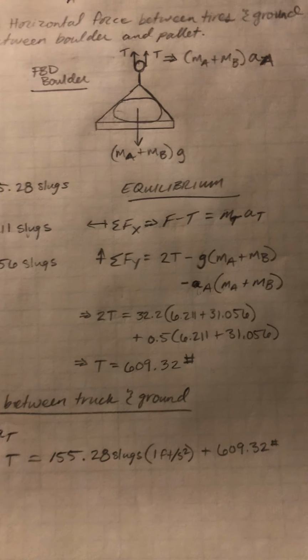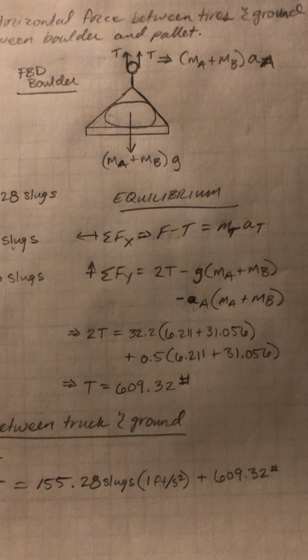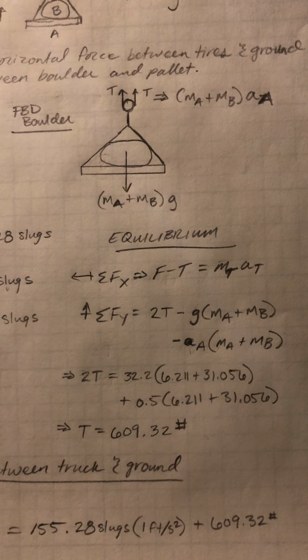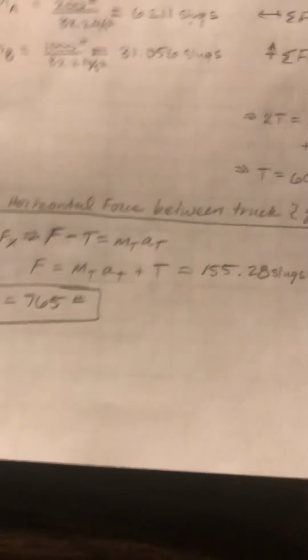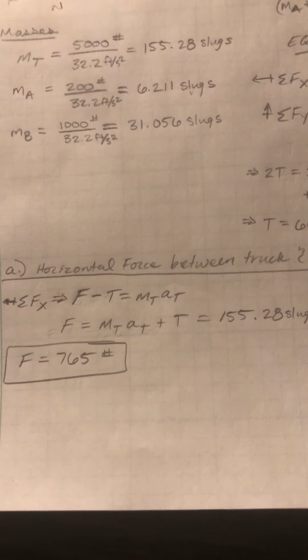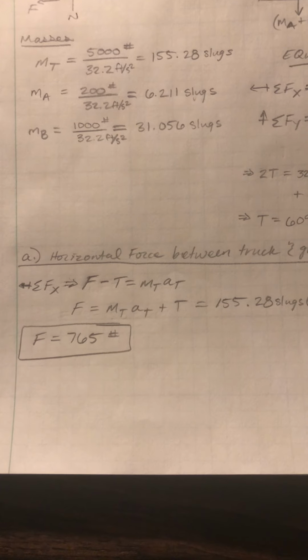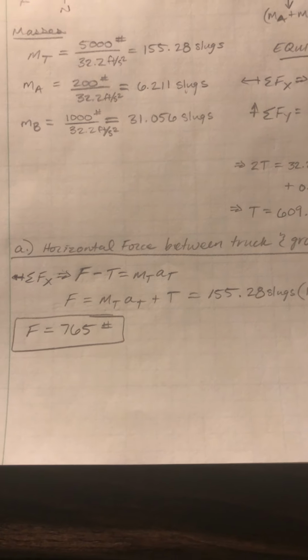Again, using equilibrium equations, we're able to find the tension of the wire at 609.32 pounds. Now, using this information, we're able to plug it into another kinematic equation to find the horizontal force between the tires and the ground, between the truck and the ground.